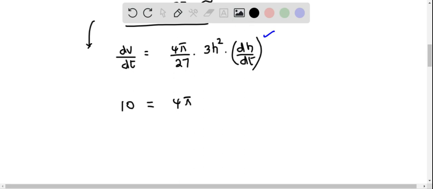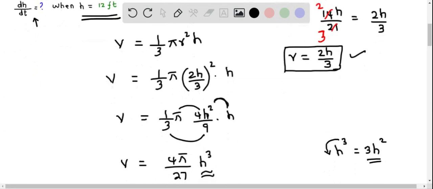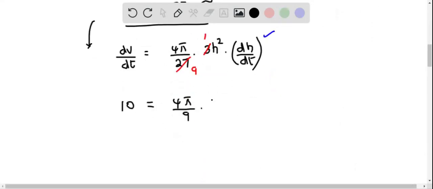In fact, we can reduce this, since 27 goes 9 times, so it is 4 pi over 9 times h squared. We know that the value of h is given as 12 feet, so I'm going to plug in 12 for h. So it becomes 12 squared times dh over dt.